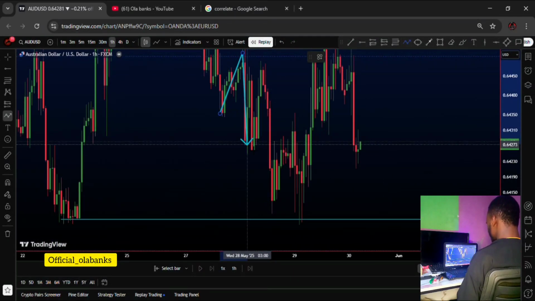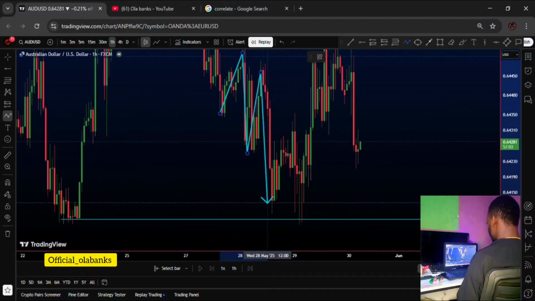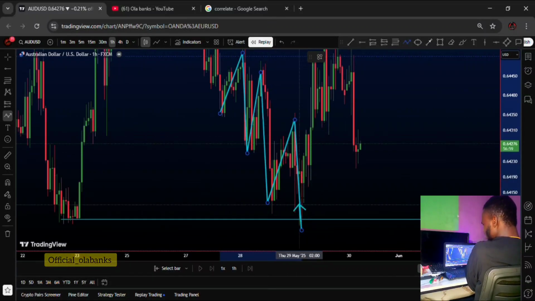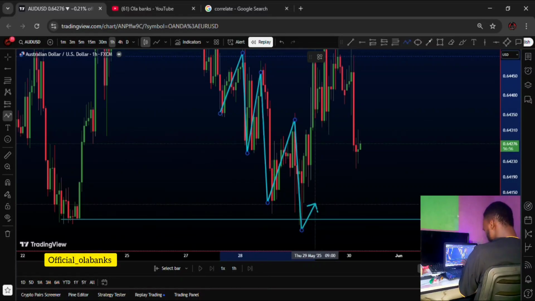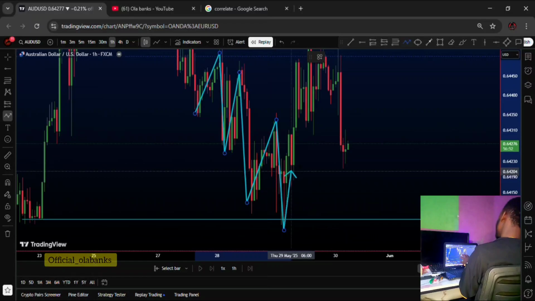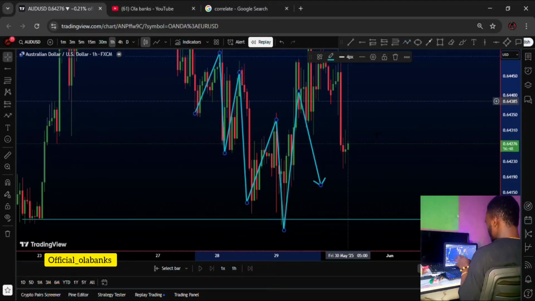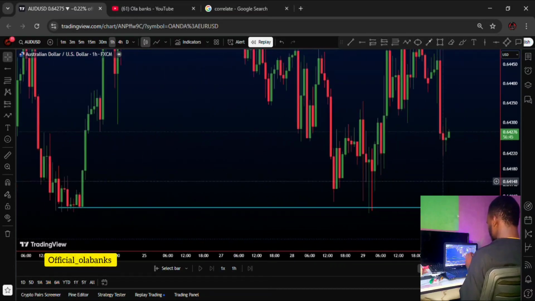This is a lower low, lower high, lower low, lower high, lower low. Now I'm expecting, since price has gotten to my POI, my point of interest here, what should I be expecting? I'm expecting it to create a higher high now, since price has gotten to my higher time frame support, you feel me?